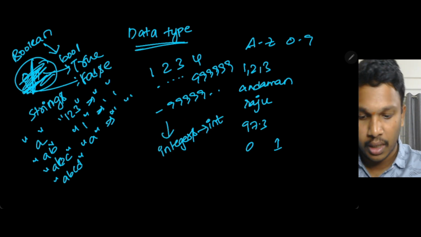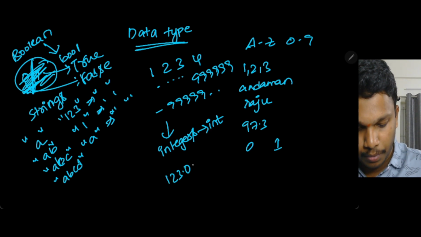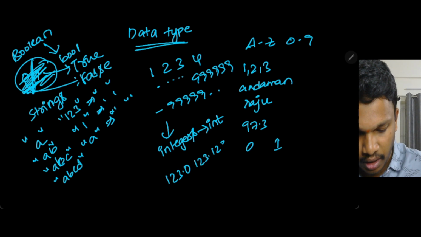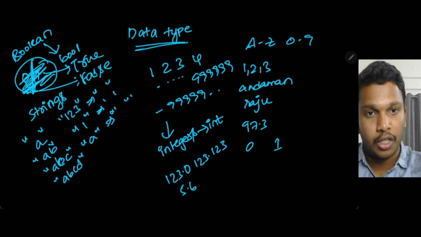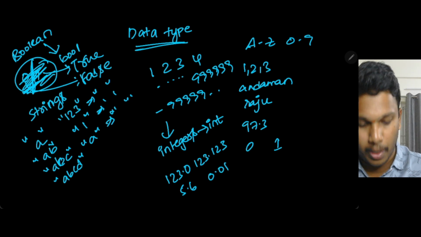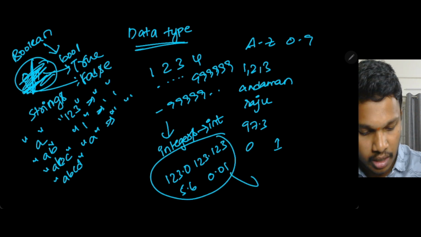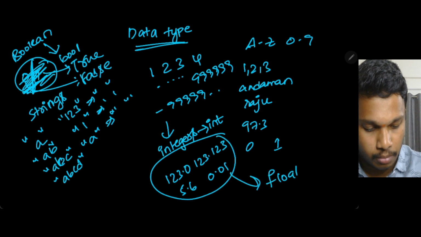That's all. Similarly, if a dot is there, like 123.0, 123.123, 5.6, 0.0, 0.01, all these numbers with a dot are considered float.